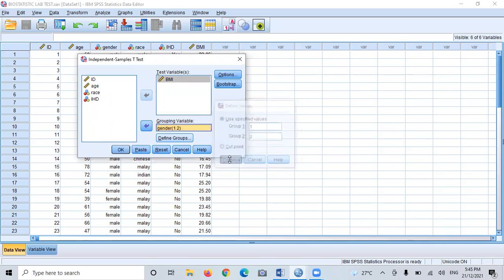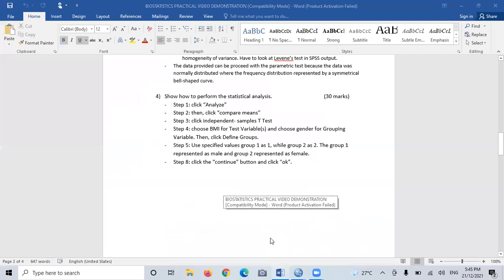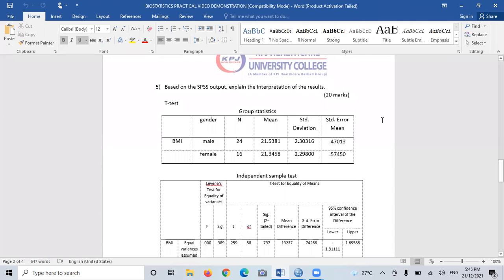We go to Continue and press the OK button. Then the group statistics and the independent samples t-test will come out. This is the result from the statistical analysis.